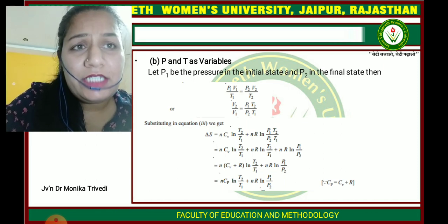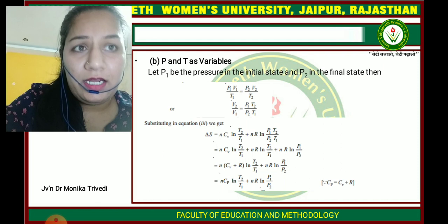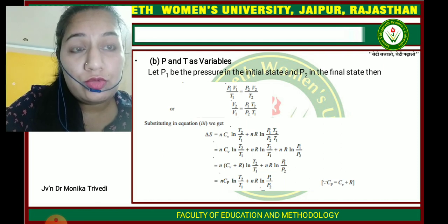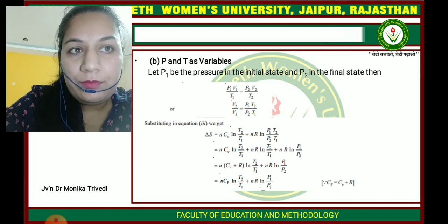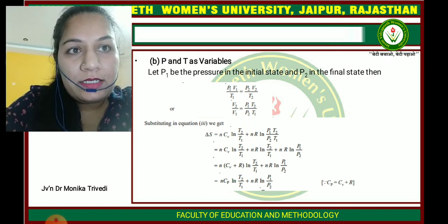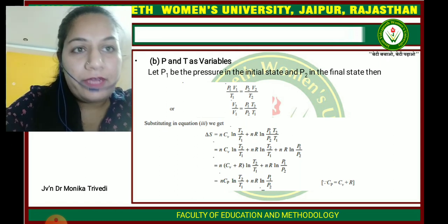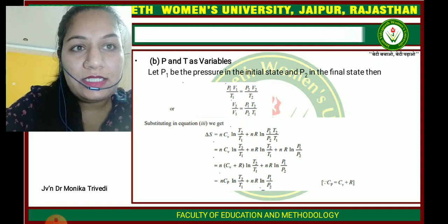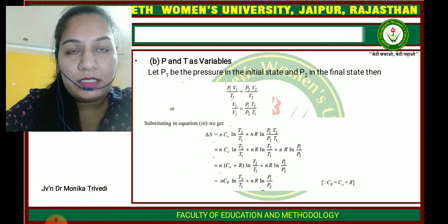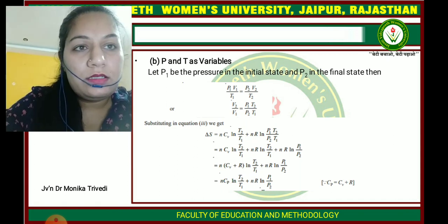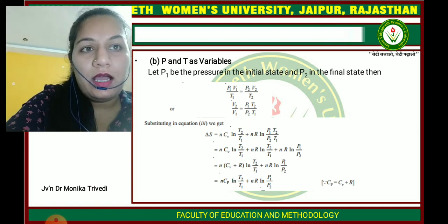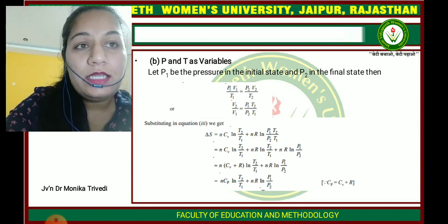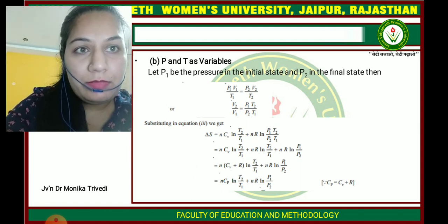n Cv ln(T2/T1) + nR ln(T2/T1) + nR ln(P1/P2). Finally we get (Cv + R), which is common in both temperature terms, times ln(T2/T1), plus nR ln(P1/P2).